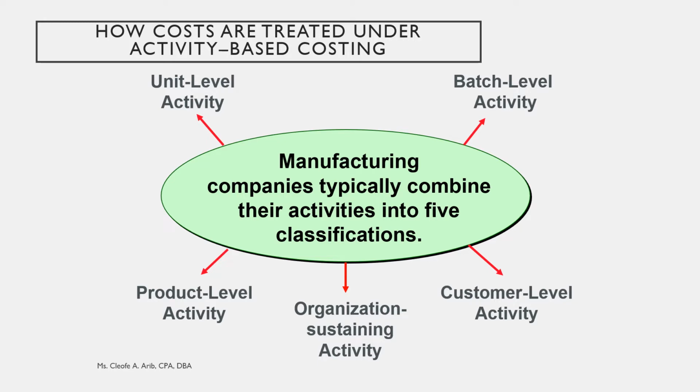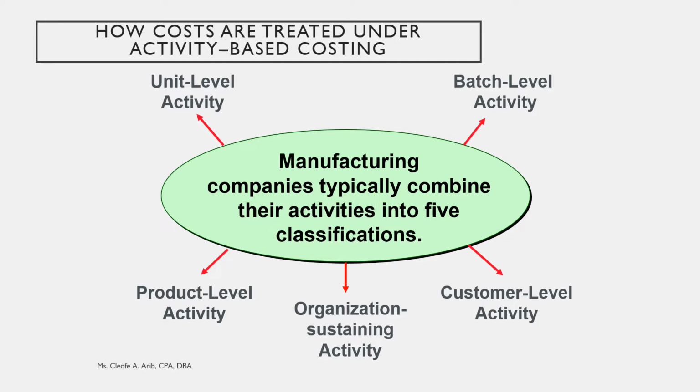Batch level activities are performed each time a batch is handled or processed, regardless of how many units are in the batch. Product level activities relate to specific products and typically must be carried out regardless of how many batches are run or units of product are produced or sold.